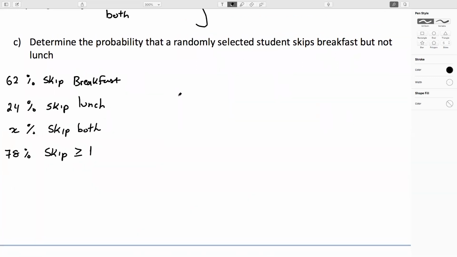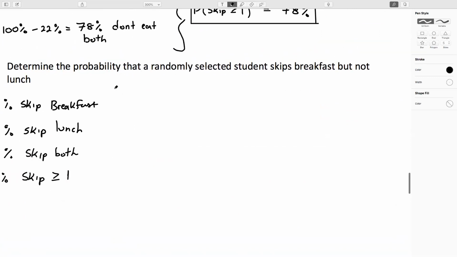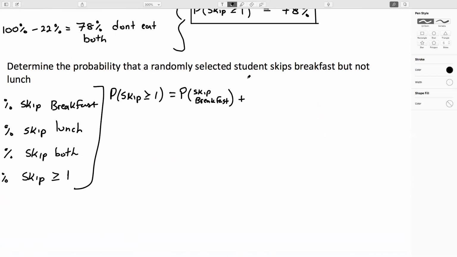The probability of skipping at least one, probability of skip greater than or equal to 1, equals the probability of people who skip breakfast plus the probability who skip lunch minus the probability that they skip both.